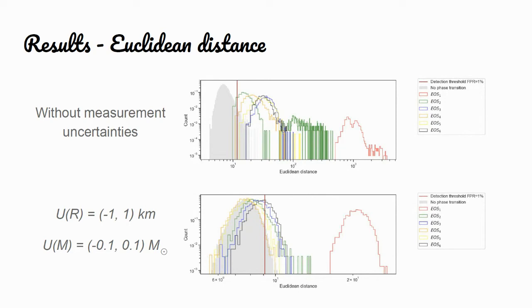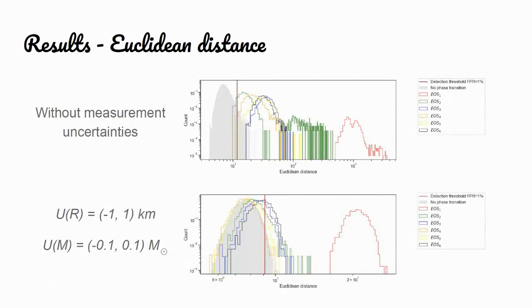So as you can see here, basically in all the cases, the differences are quite substantial with respect to this gray histogram. And as for this EOS1, the most extreme case is basically this histogram, which is super far away in terms of this parametric space of Euclidean distances.